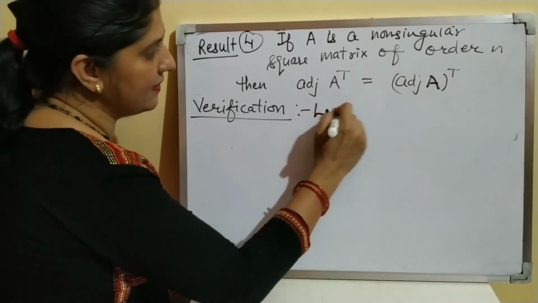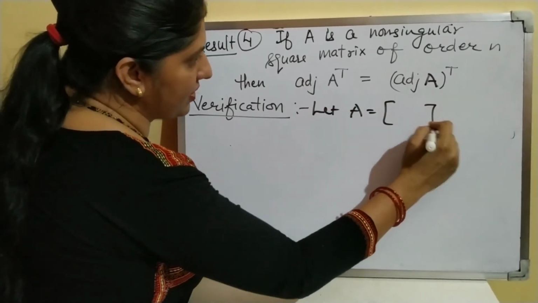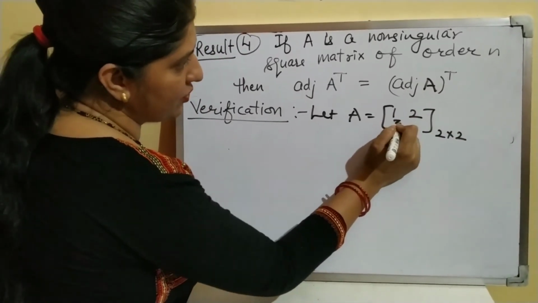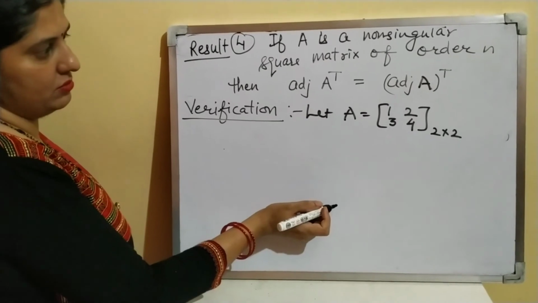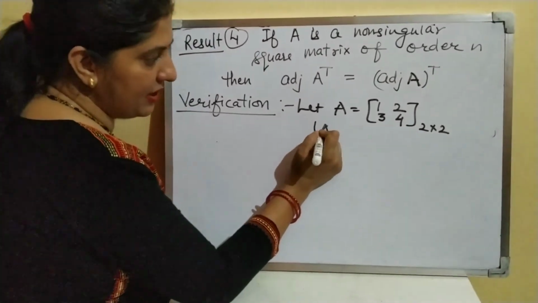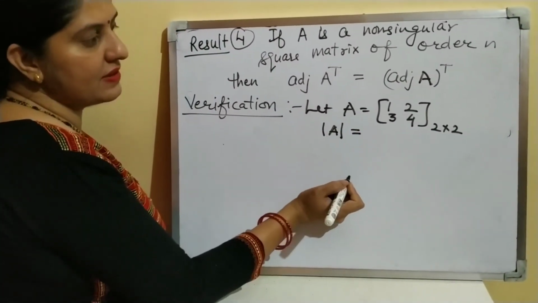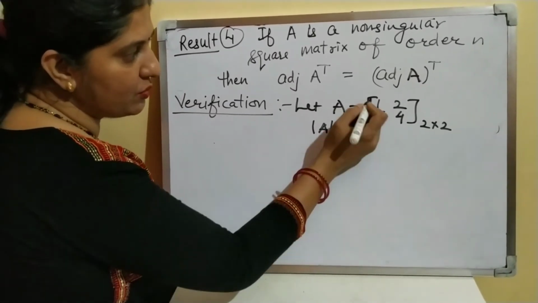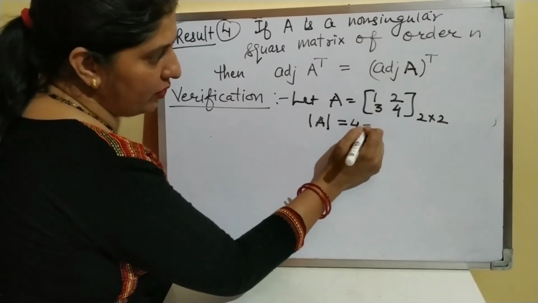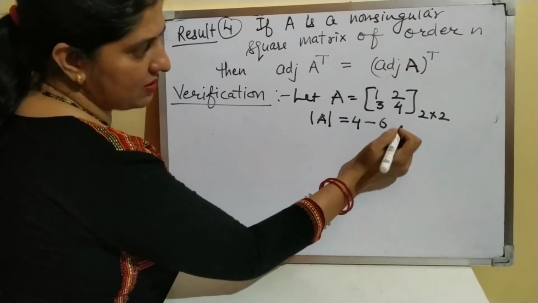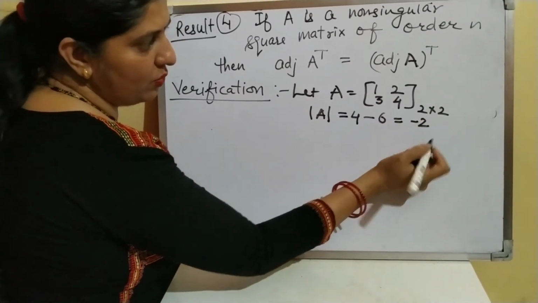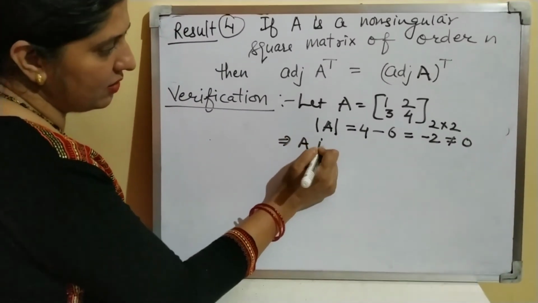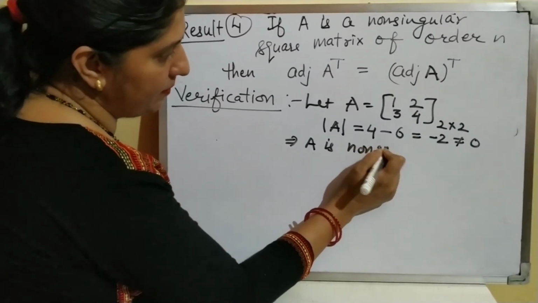Let A be a matrix of order 2 by 2 with entries 1, 2, 3, 4. It is a square matrix. Also, it is non-singular because the determinant of A is equal to 1 into 4, minus 3 into 2, which is -2, which is non-zero. So, A is a non-singular matrix.